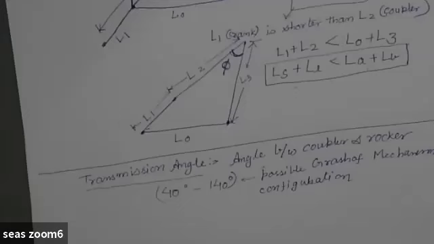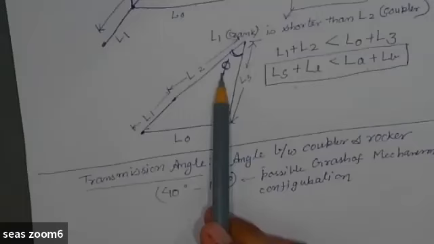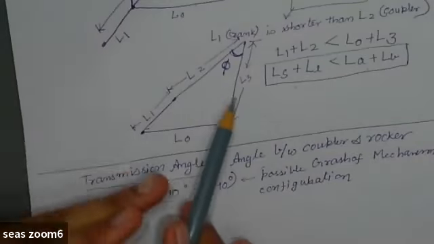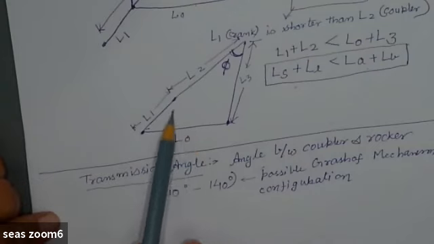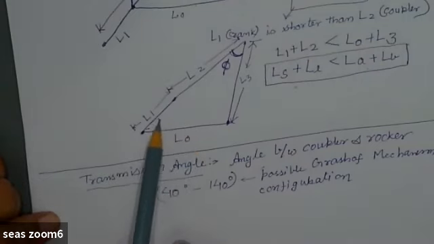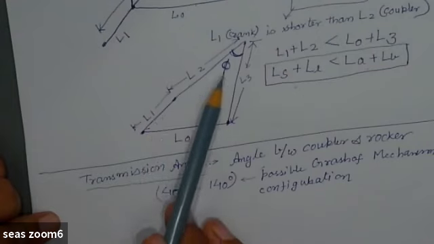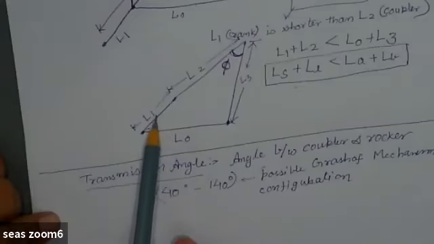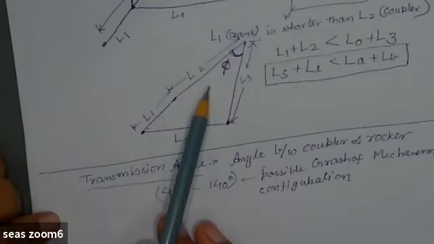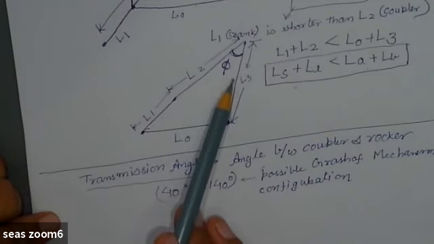Also, if you see that this link L1 rotates like this such that the phi is very small, it gets very narrow, then what will happen is that there will be force which will be transmitted from L1 to link L2 and then from L2 to L3. Notice that we apply force on only one link, that is L1, and then the force is transmitted to L2 and L3.